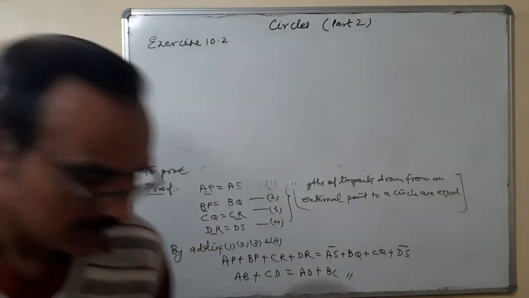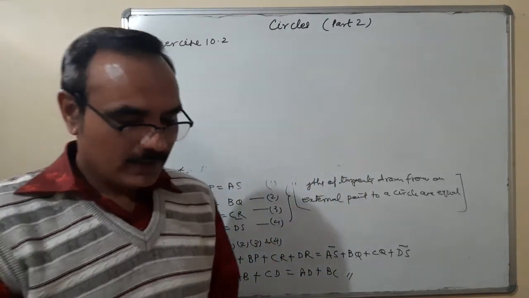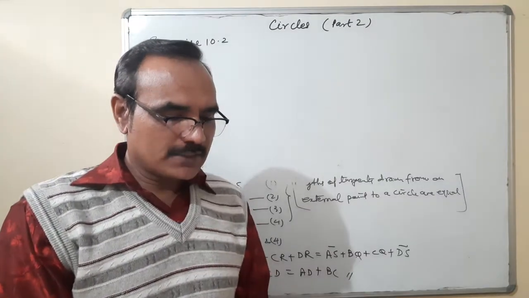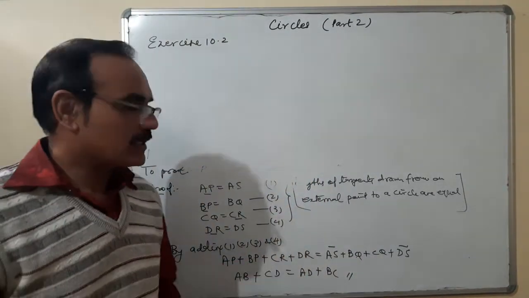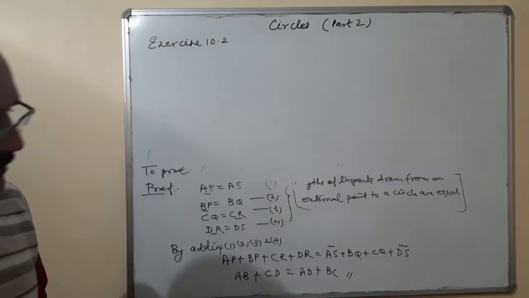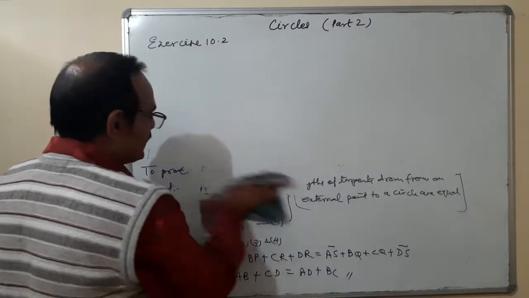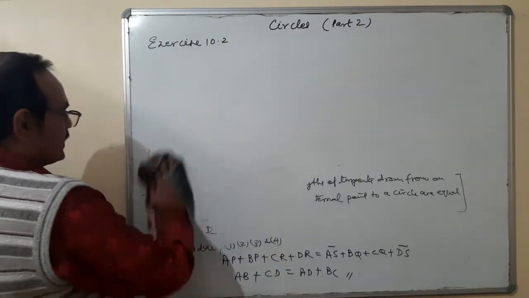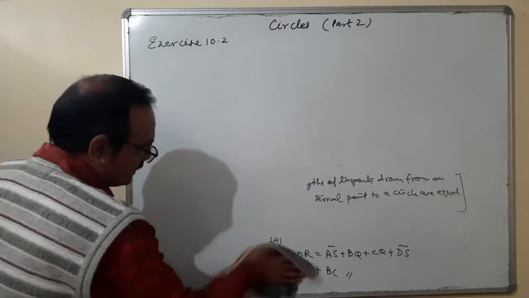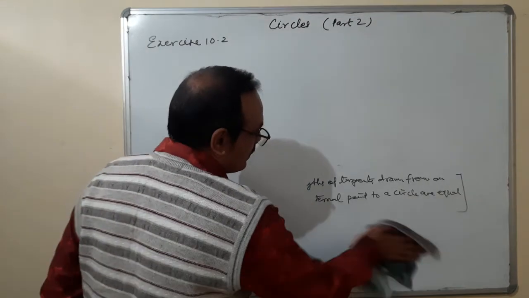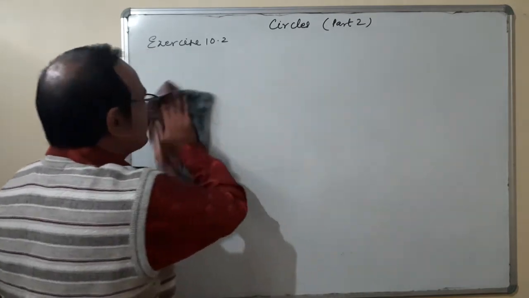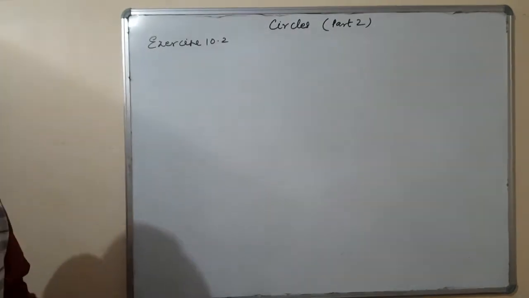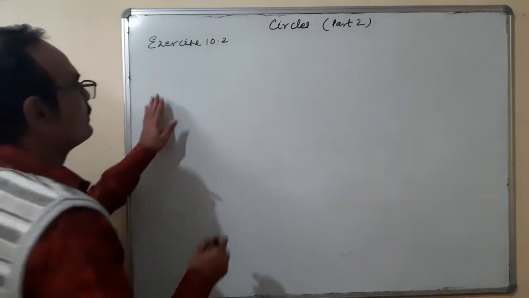What is it? Prove that a parallelogram circumscribing a circle is a rhombus. One result we have got: if a quadrilateral is circumscribing a circle, then the sum of opposite sides is equal to the sum of the other two opposite sides. But in the case of a quadrilateral, there could be a parallelogram. Then what happens?